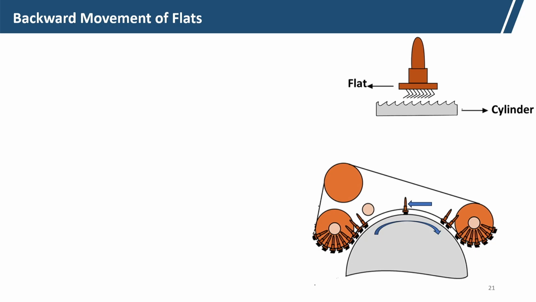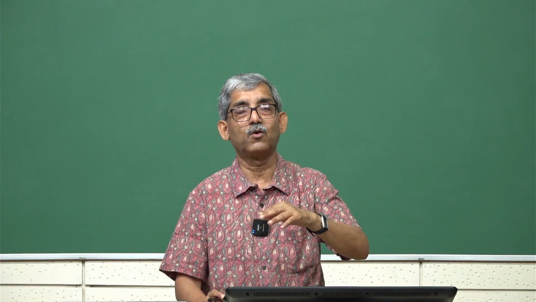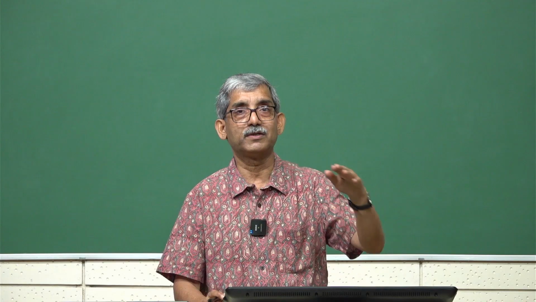And now, what happens with the backward movement? Forward movement has its advantages, but the main disadvantage is that it affects the cleaning action or carding action badly. But what happens in the backward movement? Backward movement means the flat, although it moves slowly, moves in the opposite direction.